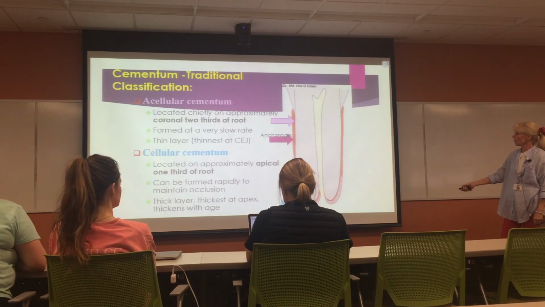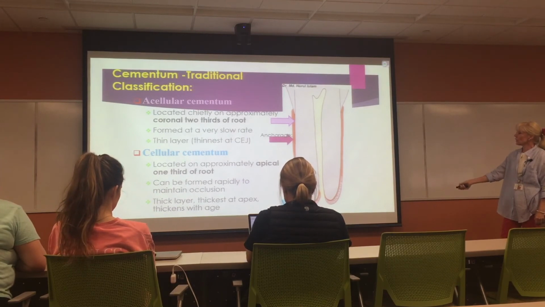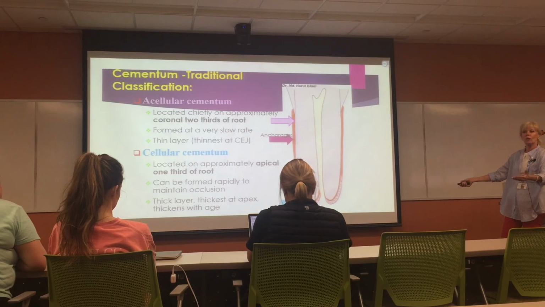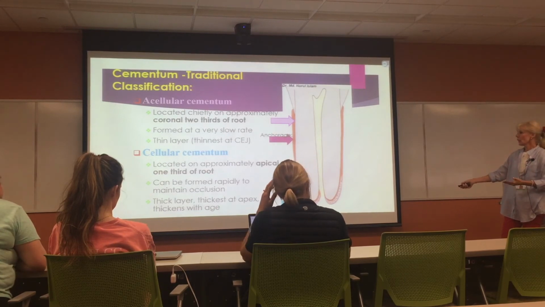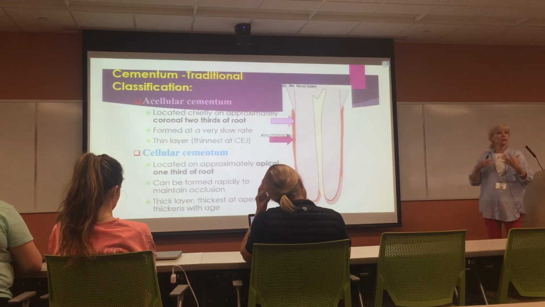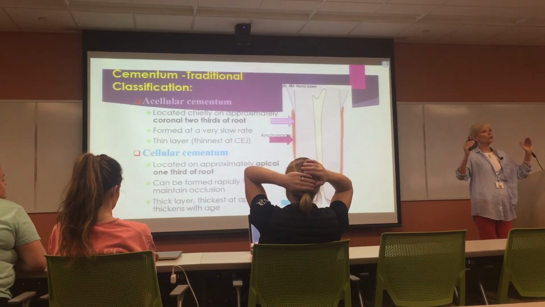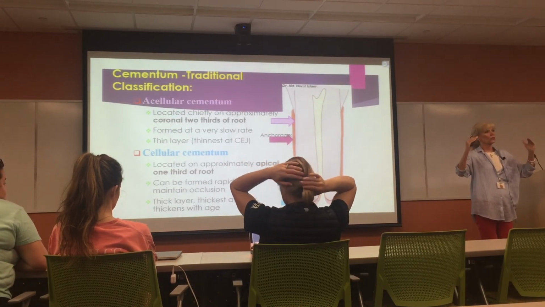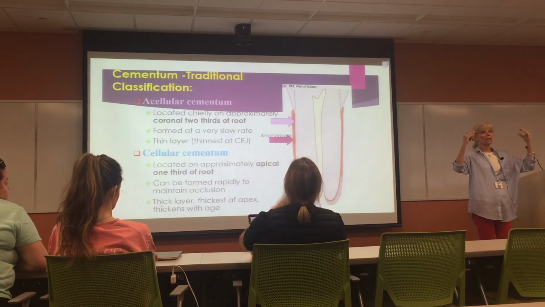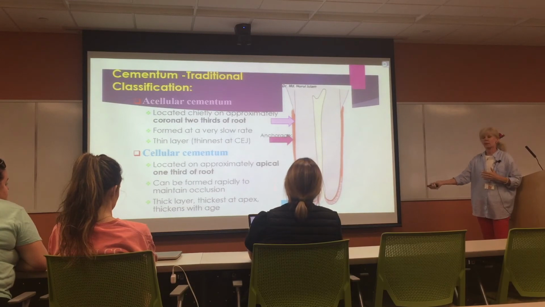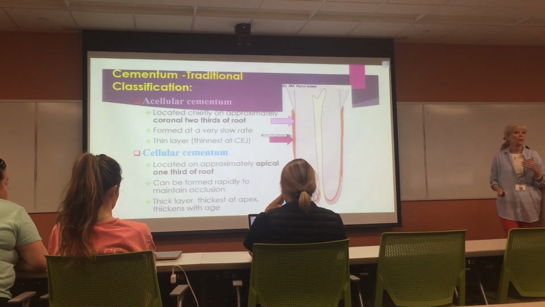Cellular is the apical. That's usually formed to help maintain occlusion, because as the tooth changes position very slightly, and we get some attrition, you want to maintain occlusal contact, so this is where you're going to get a little more cementum built up.